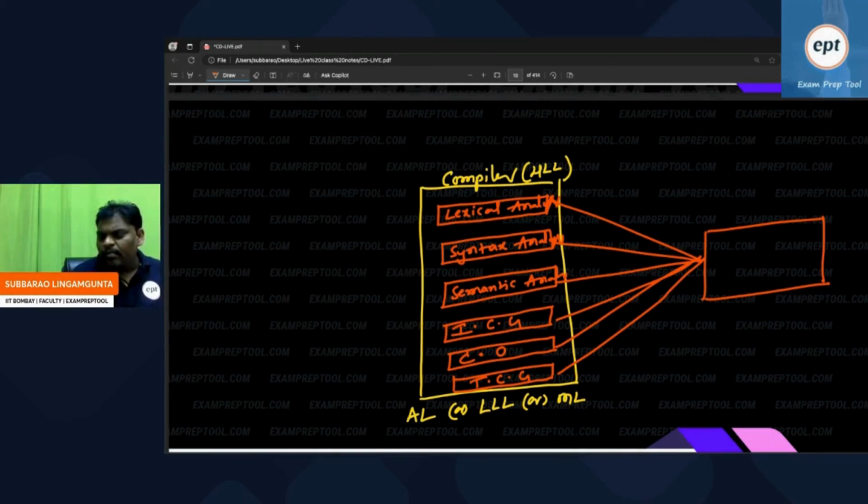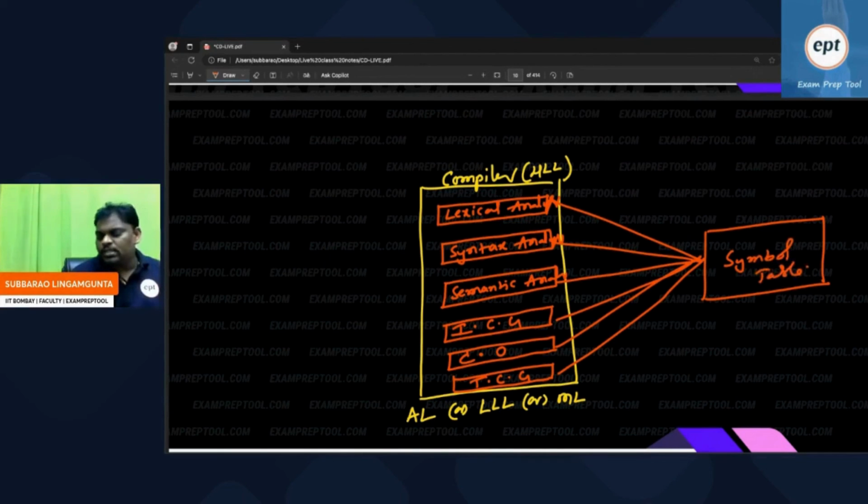In a similar way, when my class is going on and I want to note something down, I will note it on my board, and you will note it in your notes. So whenever compilation is going on, if they want to note something down, they will store it in the symbol table.